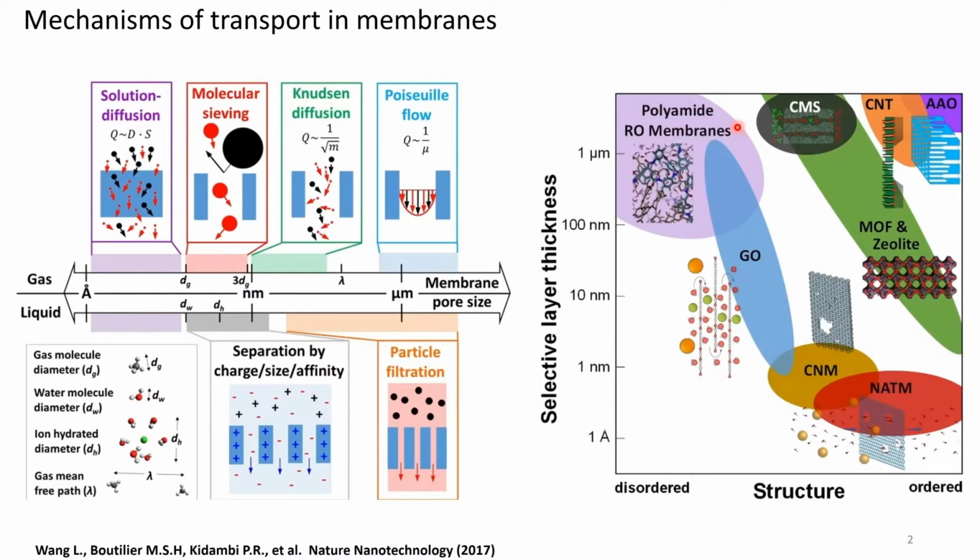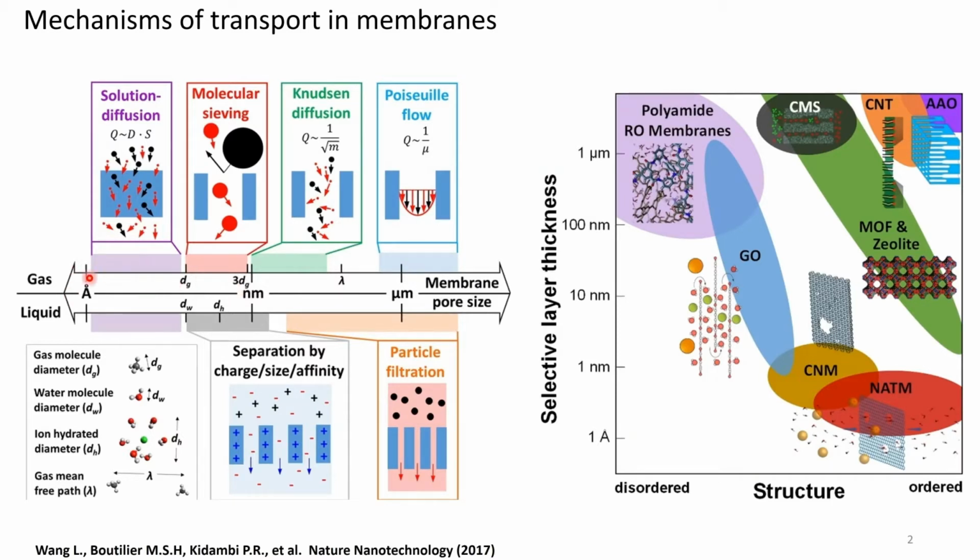Before we proceed further, I want to give you a quick introduction to the mechanisms of transport in membranes. What you see here on the x-axis is a length scale in terms of molecular diameters, and this is in relation to the pore size in membranes.